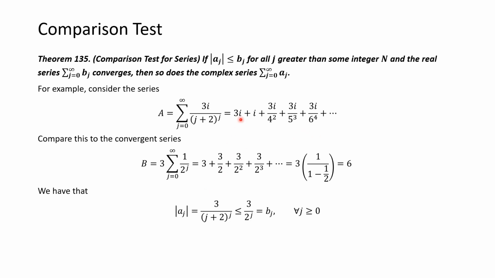So if we take the modulus of the terms in this series, the modulus of a general term here, we get 3, because the modulus of i is 1, over j plus 2 to the jth power. And that's less than or equal to 3 over just 2 to the j, which is our b sub j term.